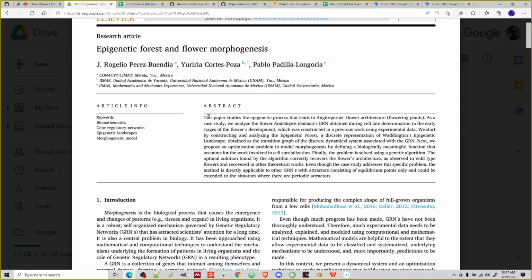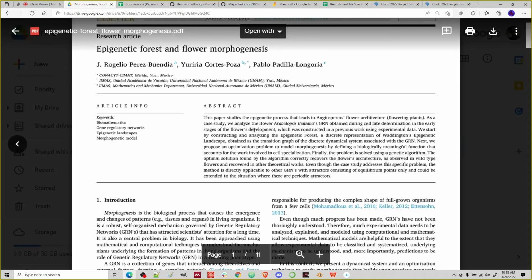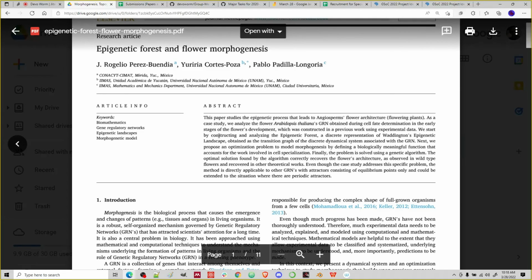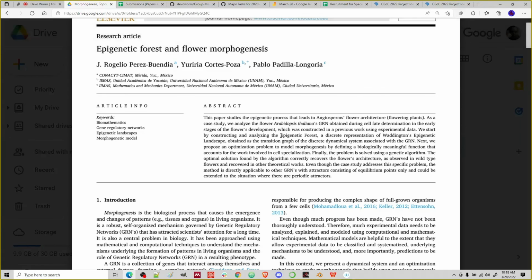In this, as a case study, we analyzed the flower of Arabidopsis thaliana. They look at the gene regulatory network obtained during sepal determination in the early stages of the flower's development. So they constructed this gene regulatory network from previous work using experimental data. They start by constructing and analyzing what they call an epigenetic forest, or a discrete representation of Waddington's epigenetic landscape.